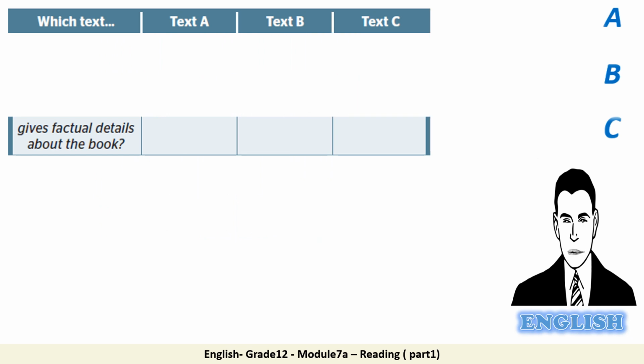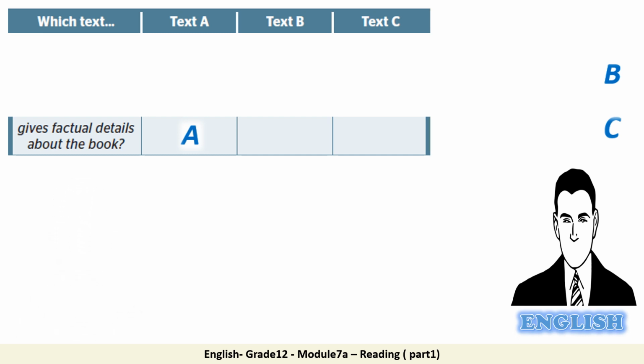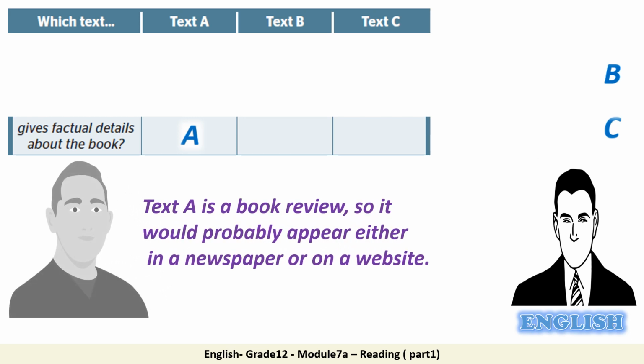Which one gives factual details about the book? Text A does. It gives factual details about the book being reviewed. Text A is a book review, so it would probably appear either in a newspaper or on a website.